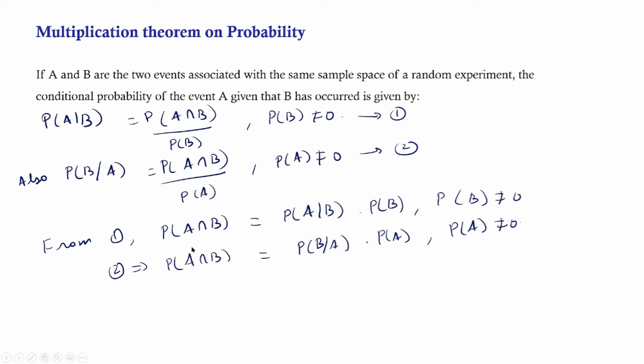This way of representing probability of A intersection B as probability of A given B into probability of B, which is equal to probability of B given A into probability of A, is called the multiplication theorem on probability.